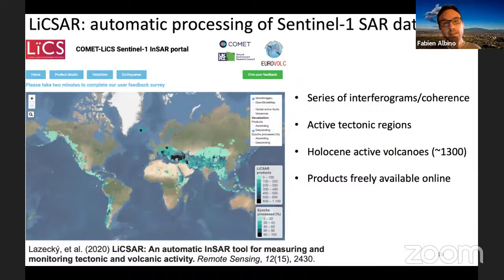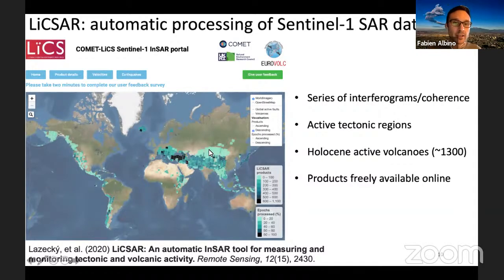So the idea is having this automatic processing chain over active tectonic regions. We started over the Alpine-Himalayan belt, and then we expanded over the Holocene active volcanoes, more than 1,000 volcanoes. You can really go to the website and check the different data that you see here on the left.